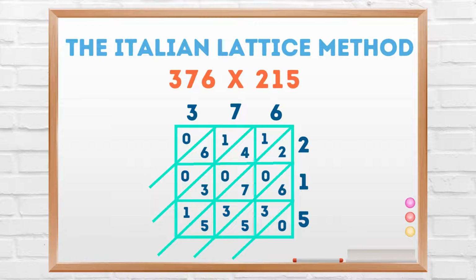We start with 0, which is by itself, so we write 0 outside of the box.